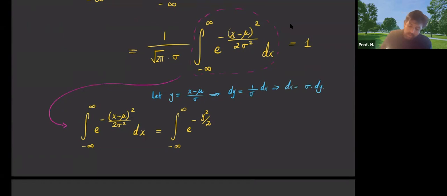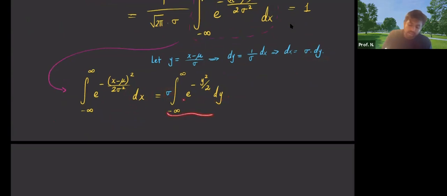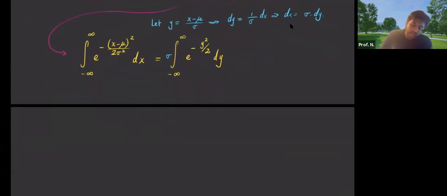So this sigma appears up here, and I have dy. Does everybody see that? This is a change of variables. So dx becomes sigma dy. I have a sigma outside because it's a constant, and then I have this simplified integral.